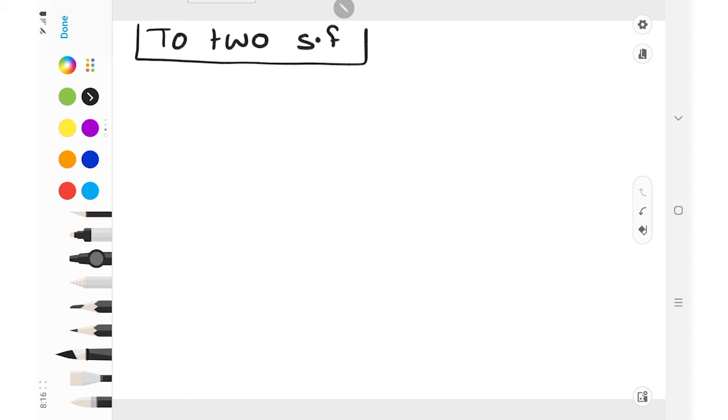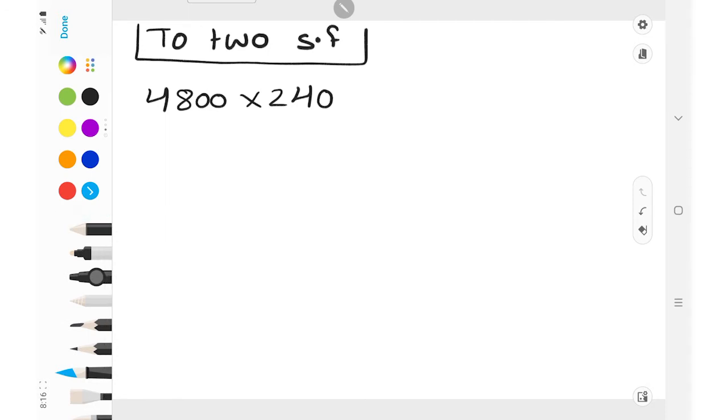First, I will take easy numbers, then we will go to the difficult ones. 4,800 multiplied by 240. Now to two significant figures. For 4,800, where is my second significant figure? It's the 8, right? This is my first, and this is my second.